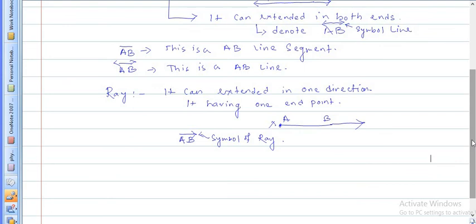Now next concept we go for collinear points. So what do you mean by these collinear points?